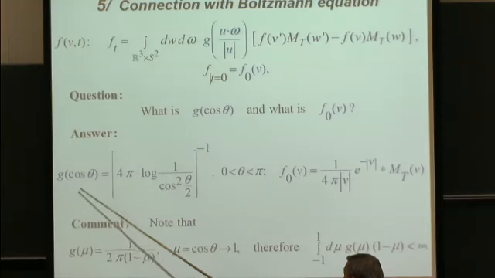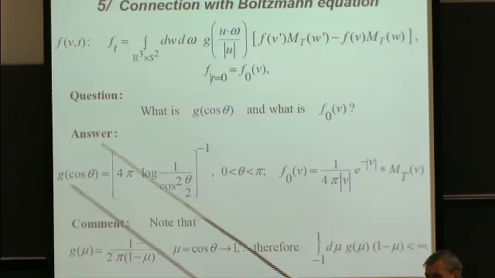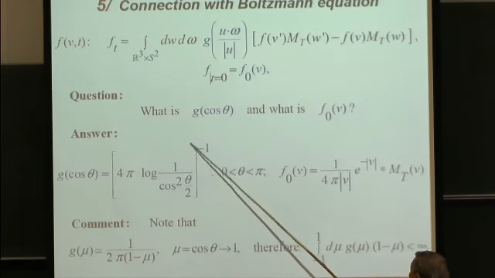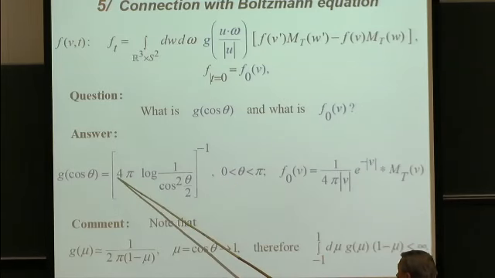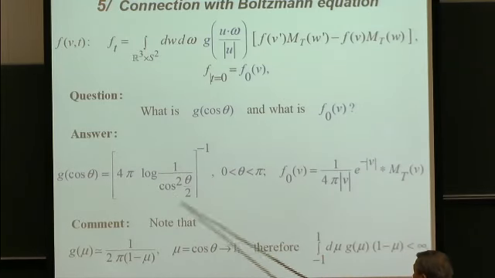This cross section is g of cosine theta. Remember, theta is the scattering angle between 0 and pi, and g is the inverse power of 4 pi log 1 over cosine square theta over 2.